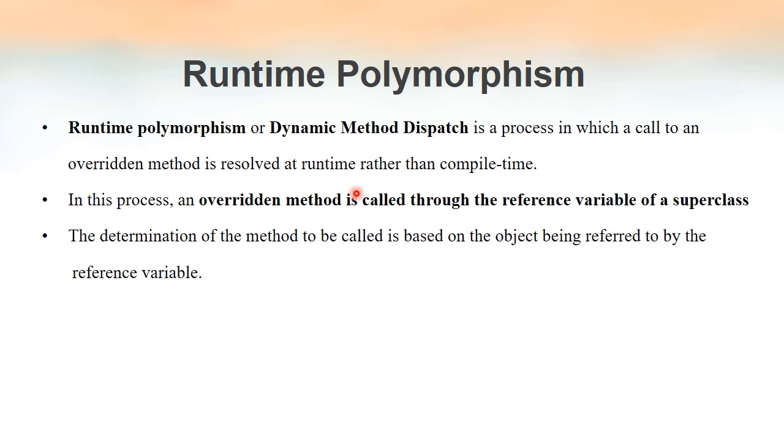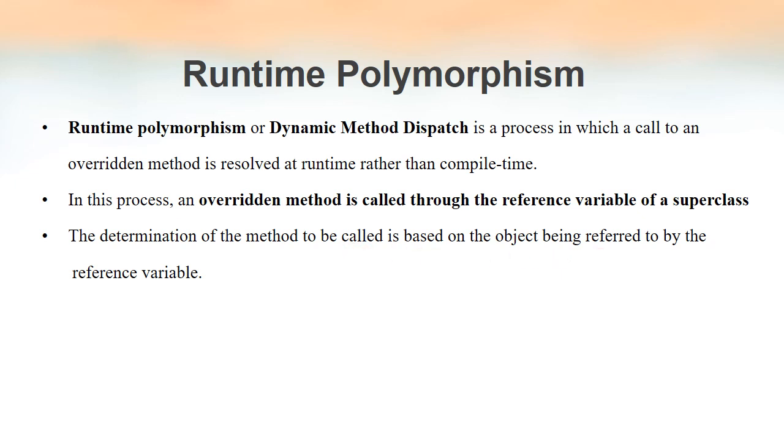How this decision is taken, which of these two methods needs to be invoked, depends upon the reference variable. For this you need to know the meaning of reference variable. The overridden method is called through the reference variable of the superclass. That means it is possible to assign the reference variable of a child class object to the reference variable of the parent class.